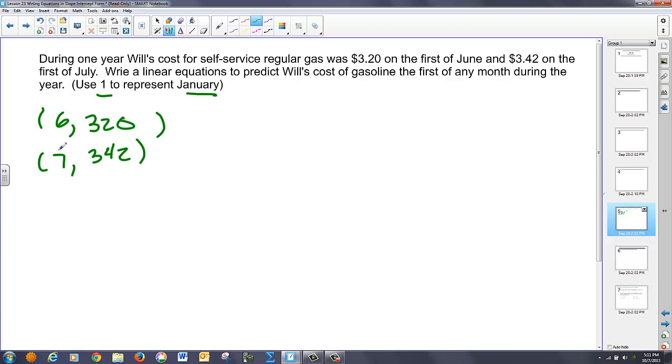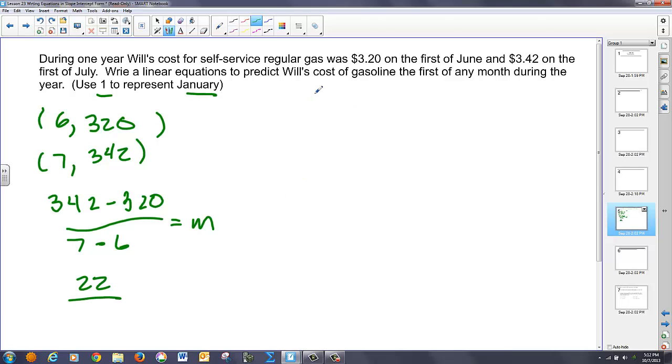We've got really 2 points here, and all we really have to do is find a slope by taking 342 minus 320 over 7 minus 6, which gets us our slope, and that ends up equaling 22. So I have y equals 22x plus b.